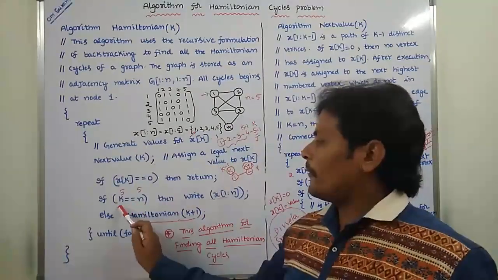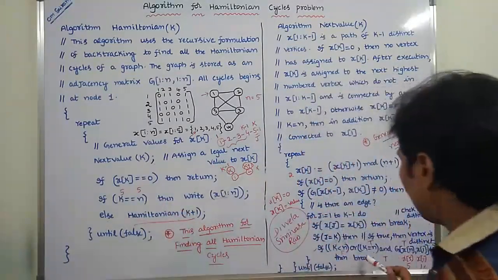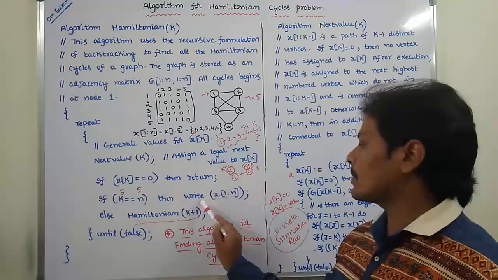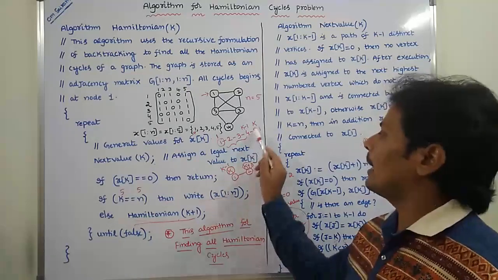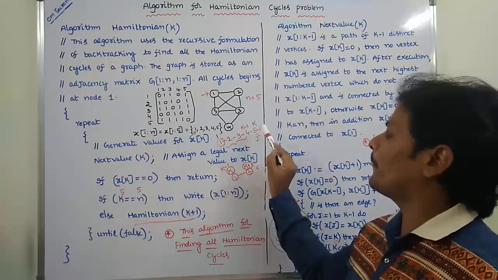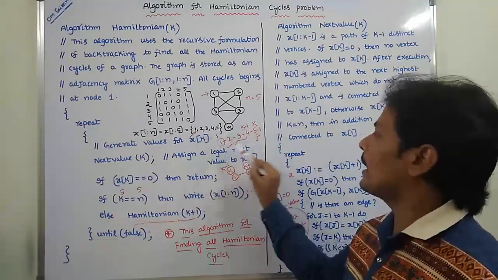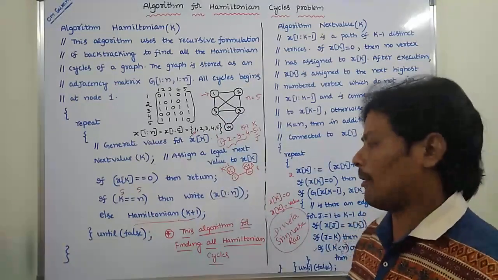So if k is equal to n, according to this, k value 5, n value 5, then write the solution vector x of 1 to 5, which is nothing but 1, 2, 3, 4, 5. So this is one Hamiltonian cycle. 5 is connected to 1 in the given graph.